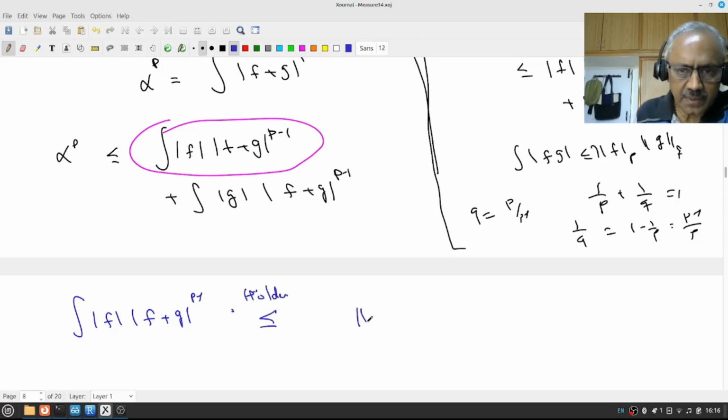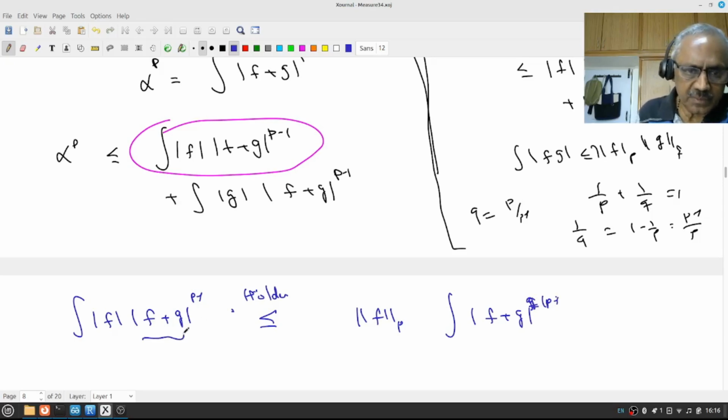less than or equal to the L^p norm of f into the norm of mod f plus g to the power p minus 1, that is, the integral of mod f plus g to the power q times p minus 1. Right? This is something like g. Therefore, I have to compute the L^q norm of g.